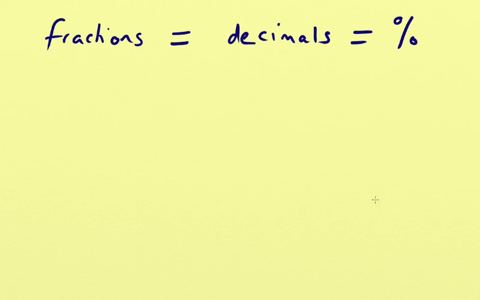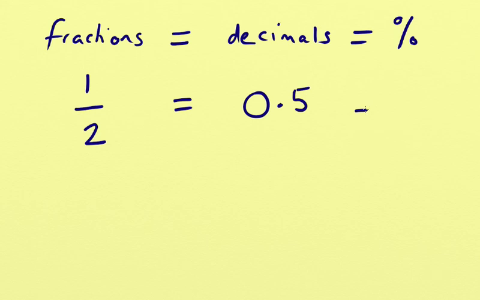So if we were to write a half up there as a fraction, which is 1/2. Some of you may know that this as a decimal is 0.5. So 0.5 is a half of something. And as a percentage, that's also written as 50%.